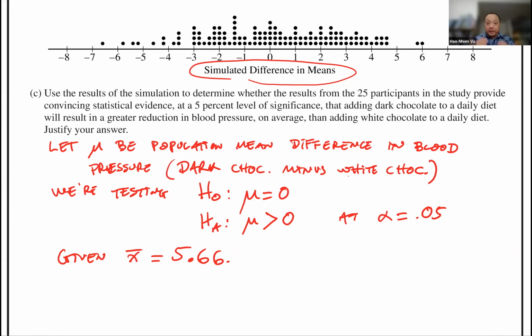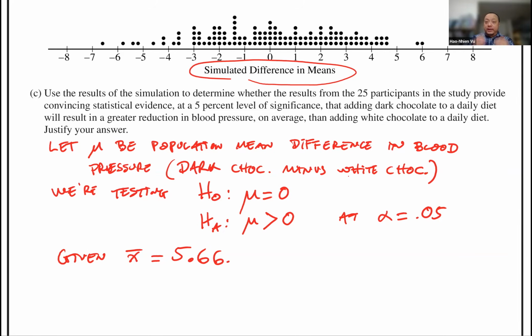To do this hypothesis test, we need a p-value. But we can't do a p-value the usual way, because even though we have a sample mean, we don't have the sample standard deviation, and we are looking at a simulated sampling distribution, and we don't see that the conditions for the usual tests with the t-distribution would work.